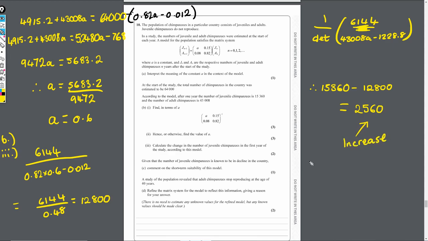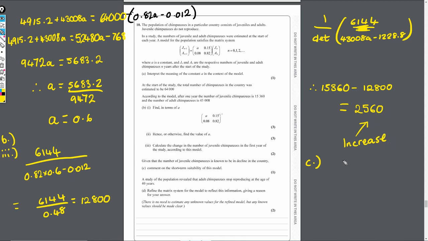Okay. Part C asks us to comment on the short-term suitability of this model. Well, it does say that the number of juvenile chimpanzees is known to be in decline in this country, but our model has just shown an increase to 2,560.